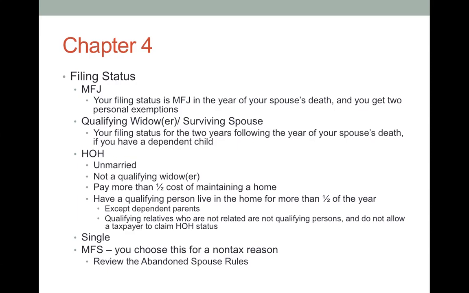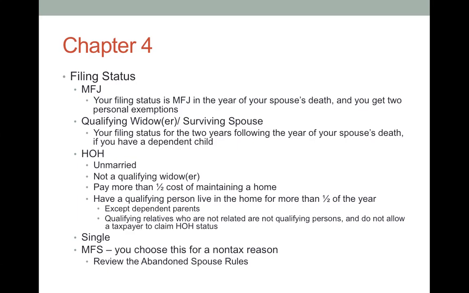The second filing status is a qualifying widow or the surviving spouse. Those things are synonymous. They mean the same thing. This is your filing status for the 2 years following the death of your spouse. So in the year of death, you're married filing joint. If you have dependent children, they have to be children. It cannot be your grandparent or your parent living with you.